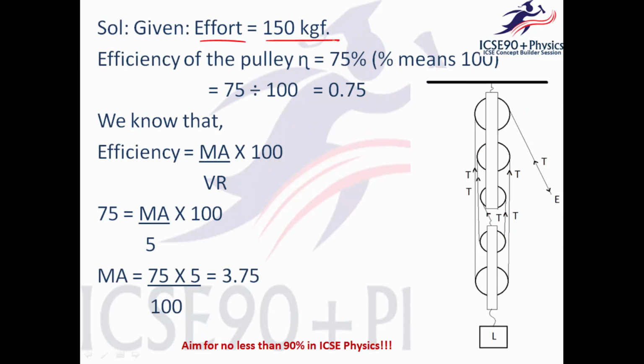Effort applied is 150 kg, efficiency of the system is 75% or 0.75. We know that efficiency is equal to MA upon VR times 100, as a percentage. So efficiency as a percentage is 75%. So 75 is equal to mechanical advantage upon the velocity ratio.